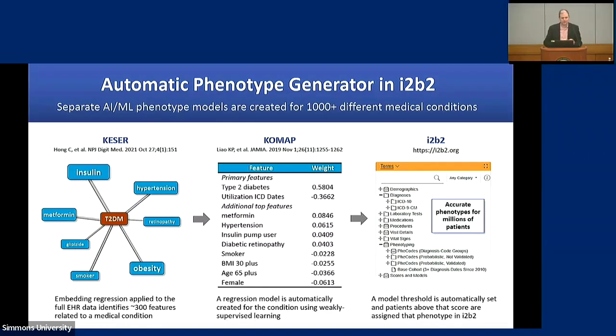I'll mention that the science behind this was developed by Tianxi Cai and her colleagues, and she's been here in past symposia to talk into those details. I have worked with the I2B2 teams to help implement those algorithms inside of the I2B2 software.